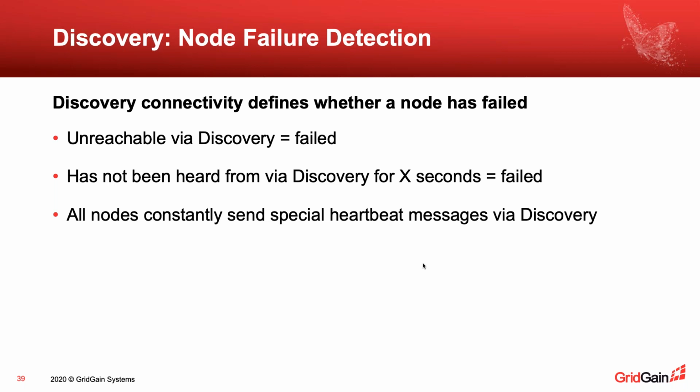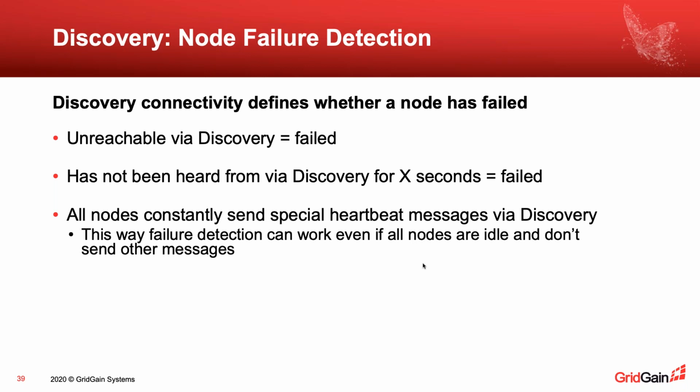And we have already said that we need to be detecting failures all the time. And for that, all nodes are constantly exchanging special messages, which are called heartbeats. And these messages are sent via the discovery protocol, via the discovery ring.